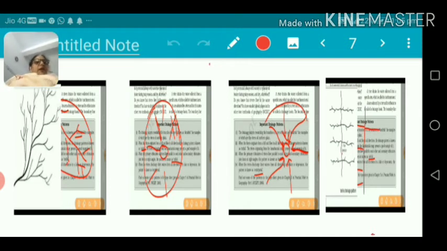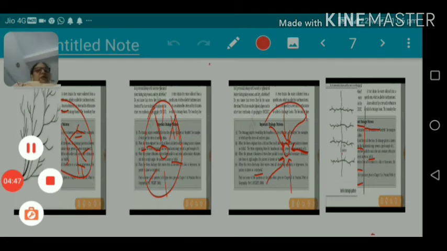In this way, here I have compiled all the four drainage systems: first is dendritic, second is radial, third is trellis, and fourth one is centripetal. And in this way, all these are the major river drainage systems that we use.